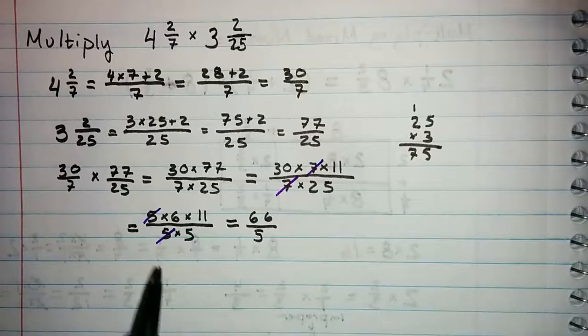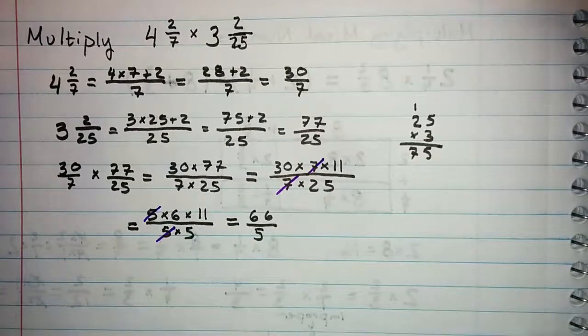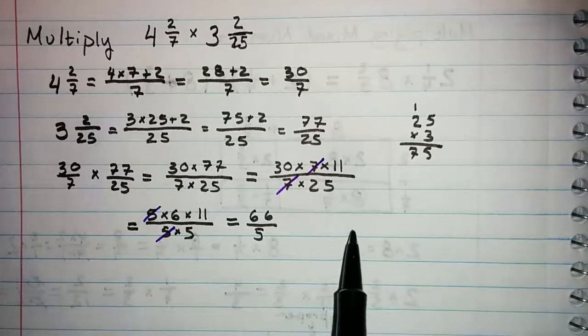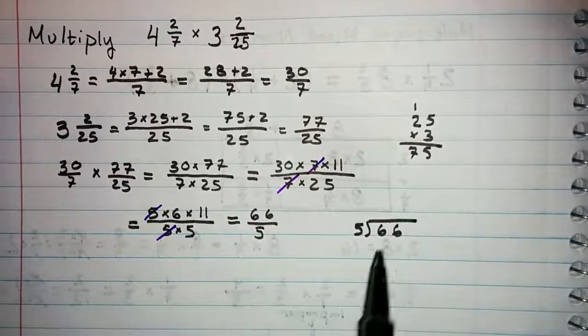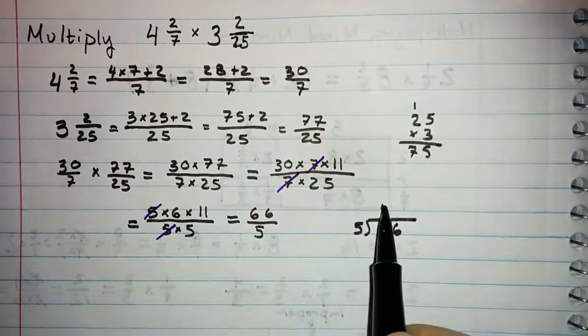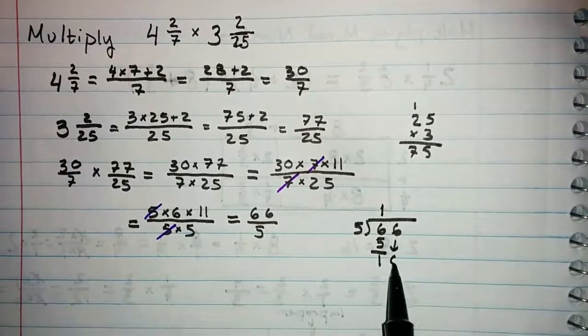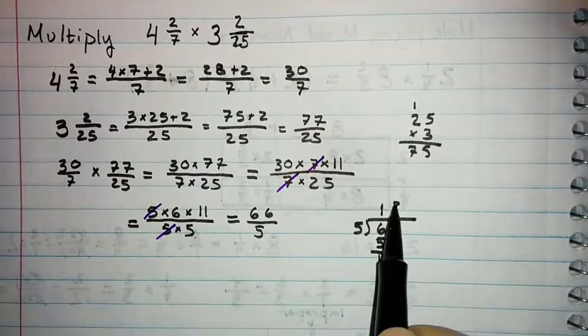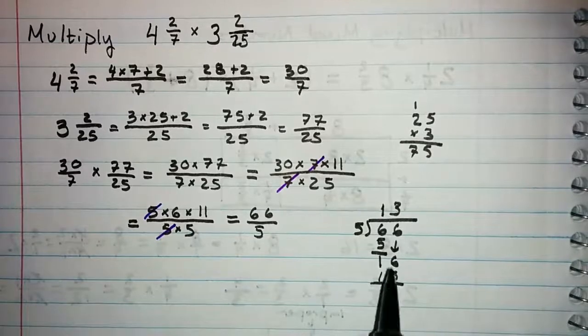Now, since my original problem was given in terms of mixed numbers, I think I'm in a situation where mixed numbers are convenient. I'll divide 5 into 66. 5 goes into 6 one time, with 1 left over. 5 goes into 16 3 times, with 1 left over.